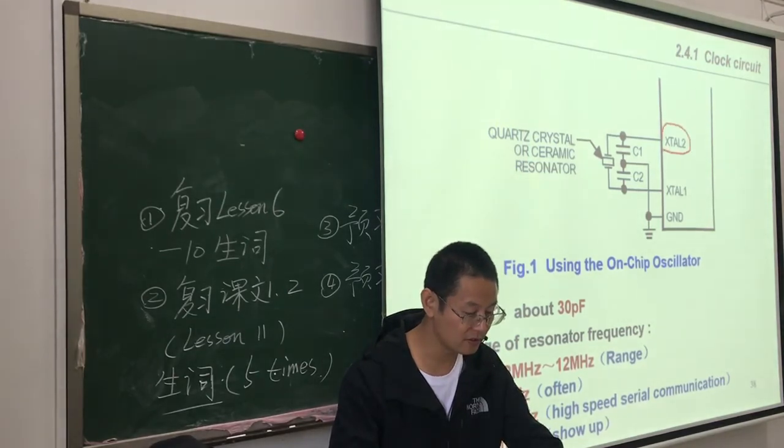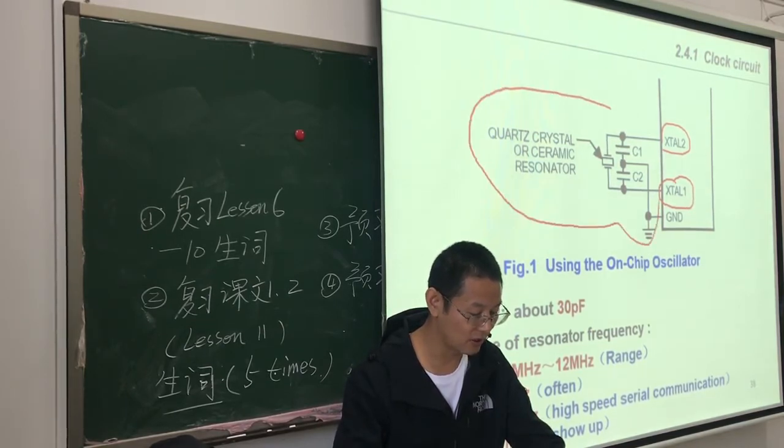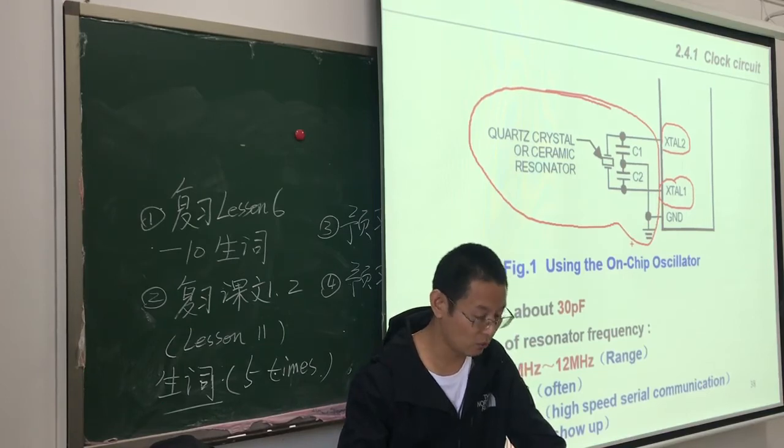This pin and this pin connect to this one, so we get the internal oscillator working. C1 and C2 are about 30 pF.